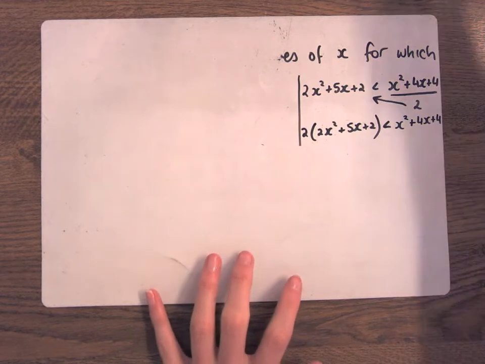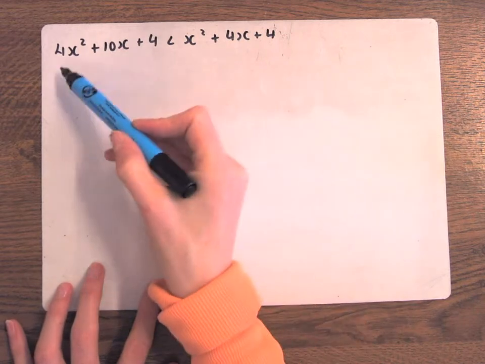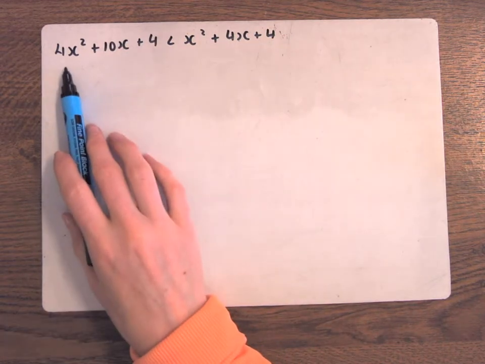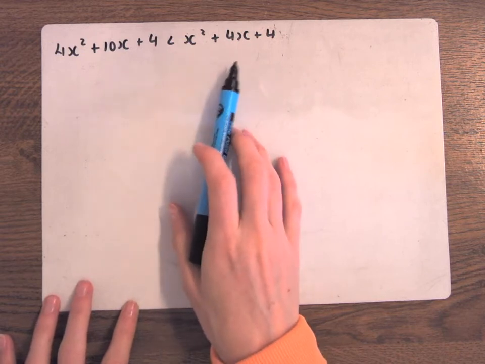Okay, so I just brought the 2 up and I multiplied it, so it's 4x squared plus 10x plus 4 is less than x squared plus 4x plus 4.